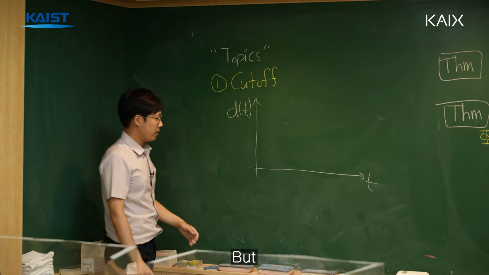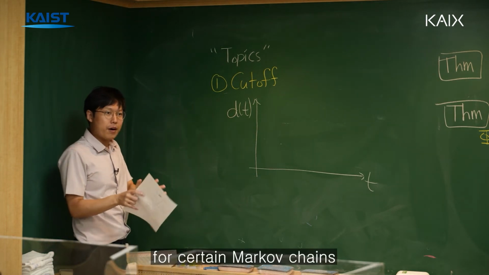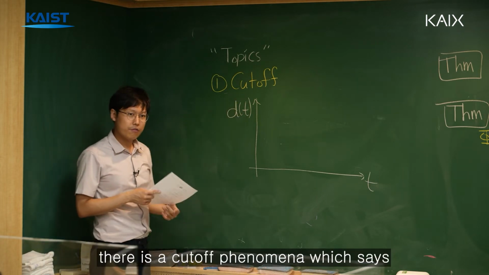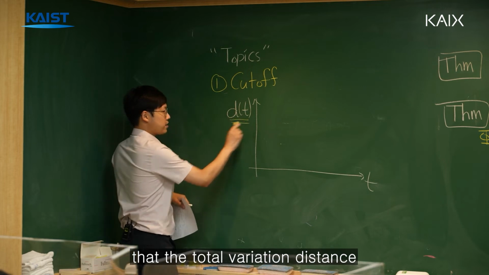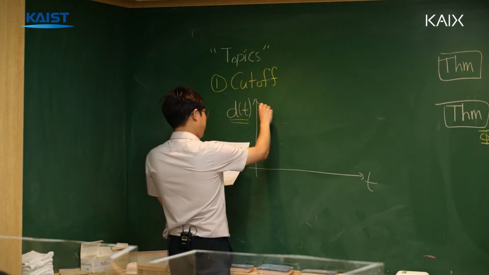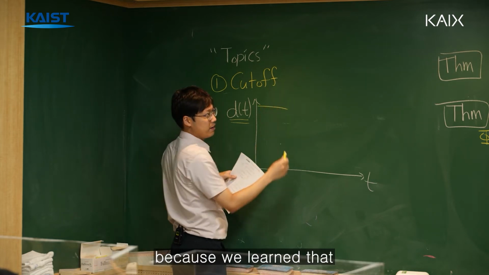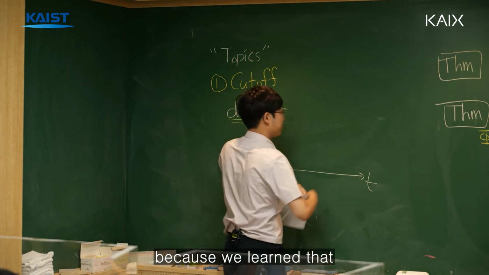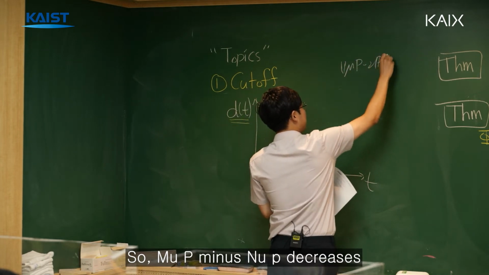But for certain Markov chains, there is a cutoff phenomenon, which says that the total variation distance drops immediately. It decreases, right? Because we learned that mu P minus nu decreases.